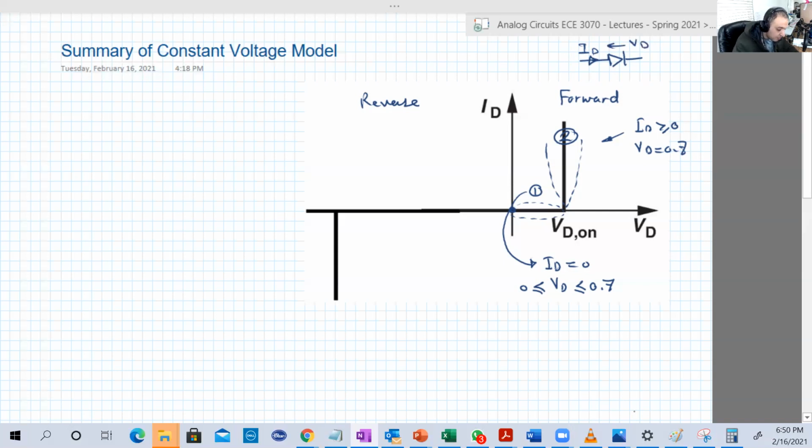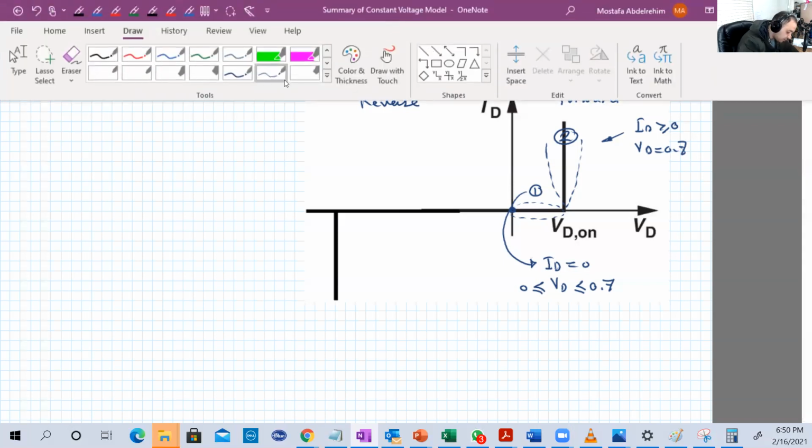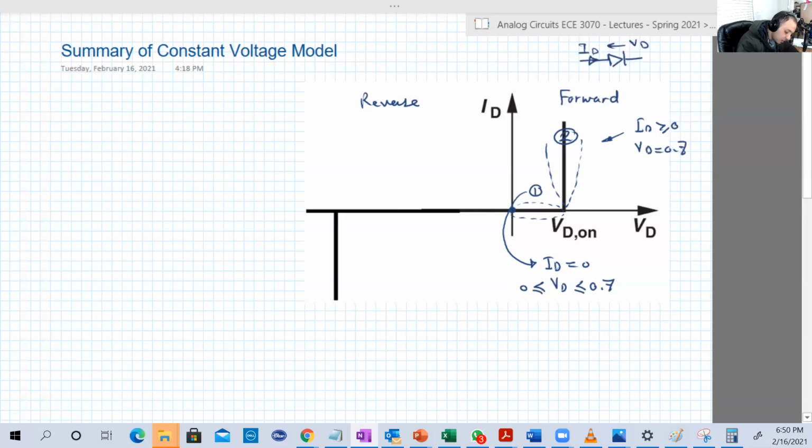In reverse, we also have two regions. We have this region here, in which the current is 0 and the voltage is less than 0 and greater than V breakdown. Again, the transition points, you cannot say it's a transition point.